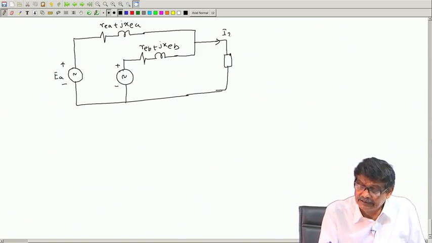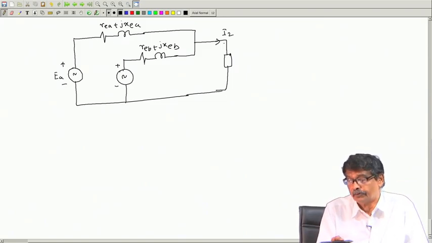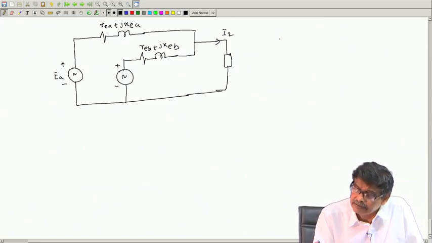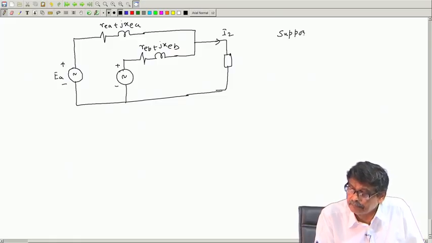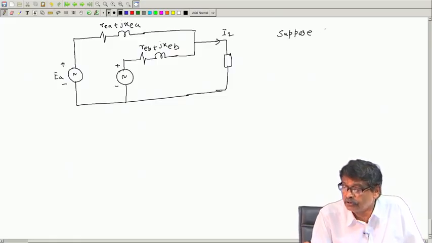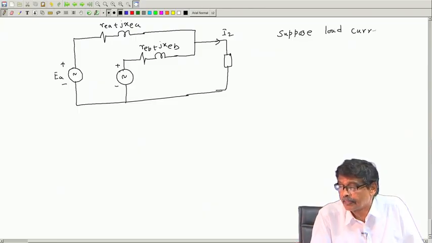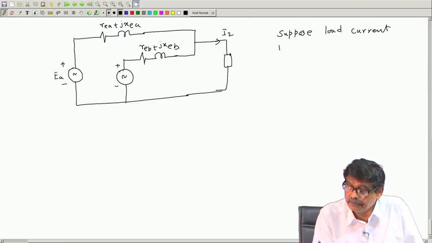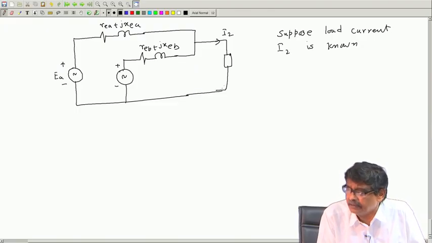So, the statement of the problem, please note down. Suppose the load current I2 is known. You have connected some load and you find it is drawing this much current.